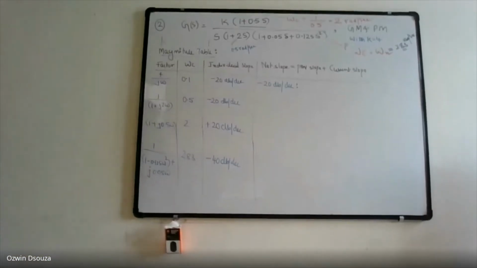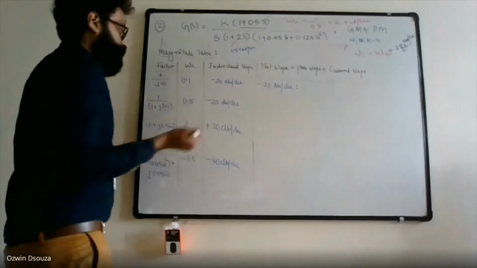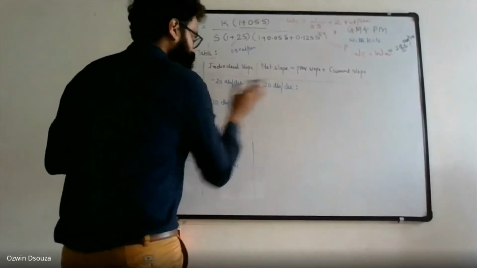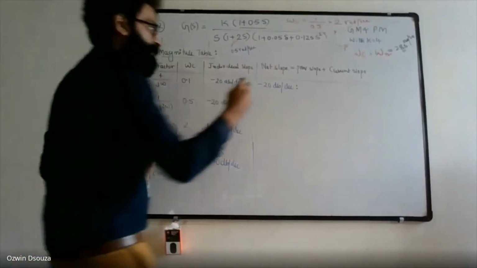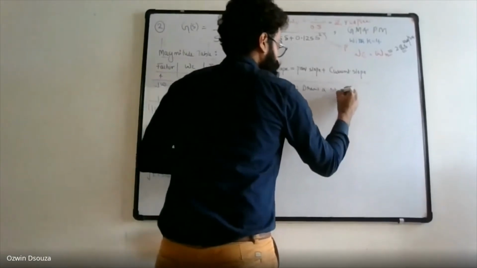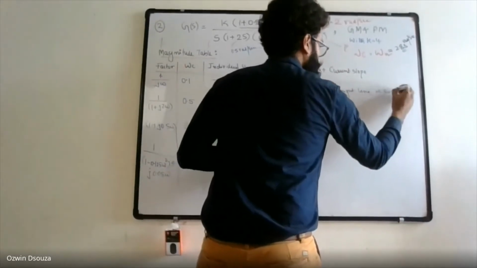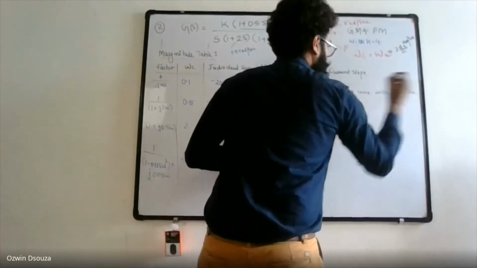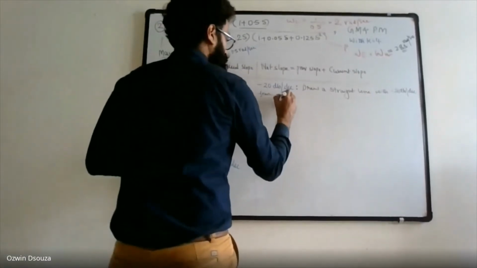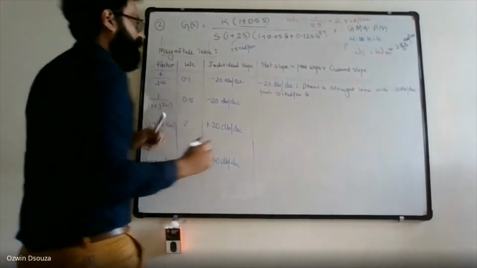Once that is done, you can start filling up the next steps. For the first factor, net slope is minus 20 decibel per decade. Hence, draw a straight line with minus 20 decibel per decade from 0.1 radian per second to the next corner frequency.